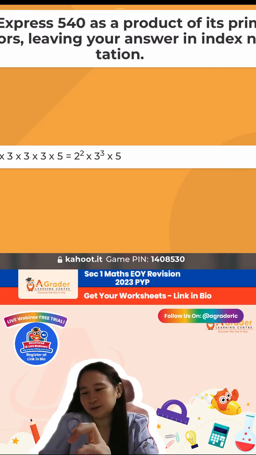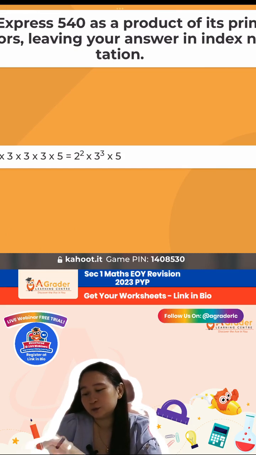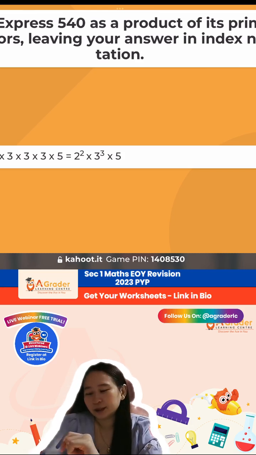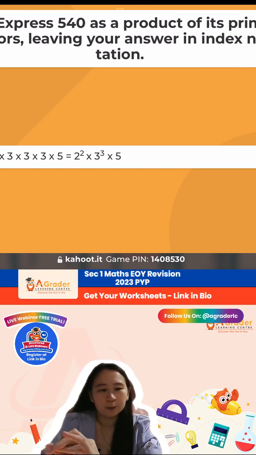So when you leave it in index notation, 540 is 2 times 2 times 3 times 3 times 3 times 5. So you combine the two twos together to become 2 squared, the three threes together to become 3 cubed.